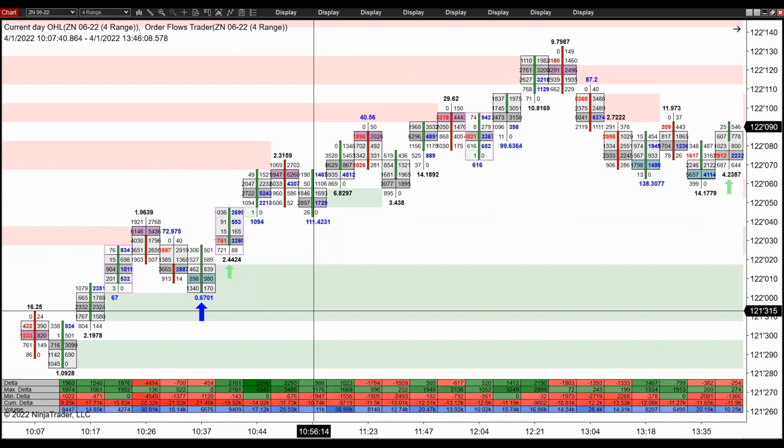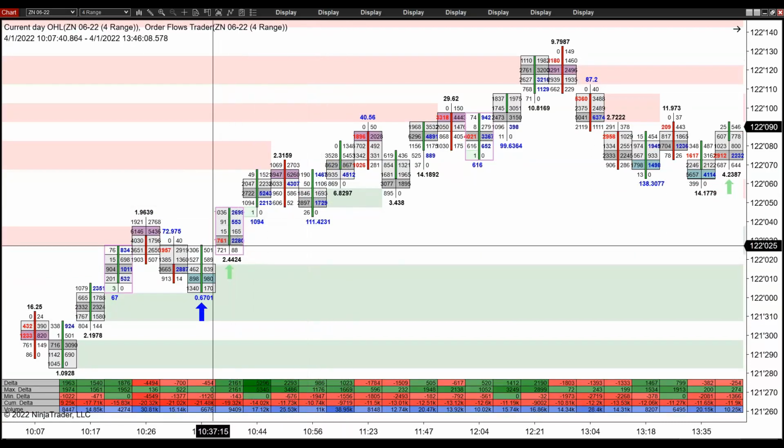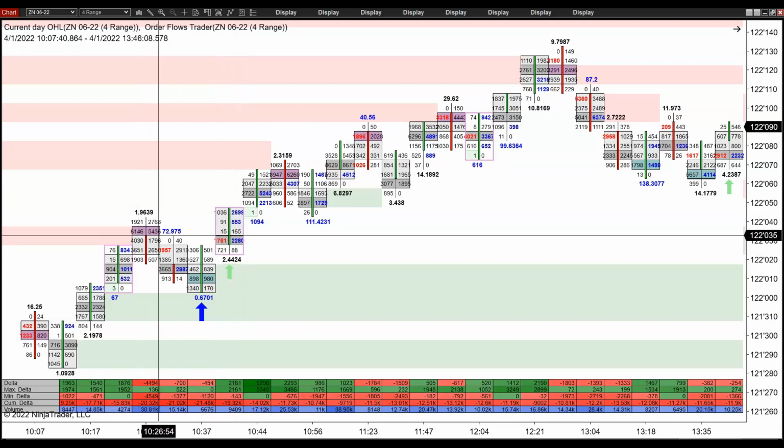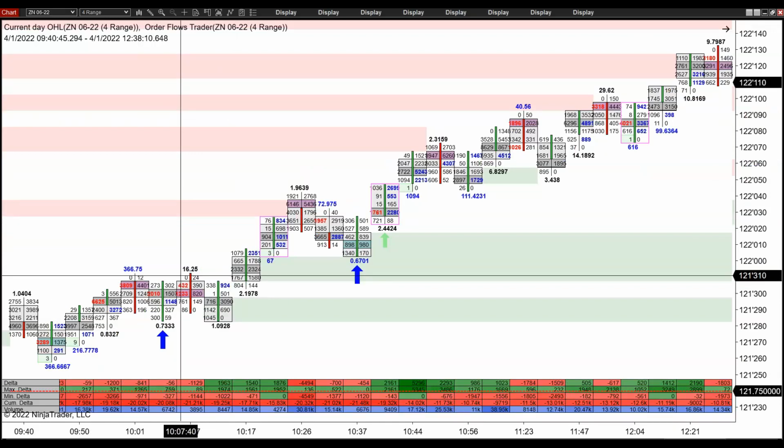And you can see the volumes that trade in there. This is a 4-range chart, and you're seeing 1700 versus 165. You're seeing volumes of 4,000, 6,000, 5,000. Even on slower days, you're seeing volumes of 10,000, 18,000, but the market's moving quite nicely.